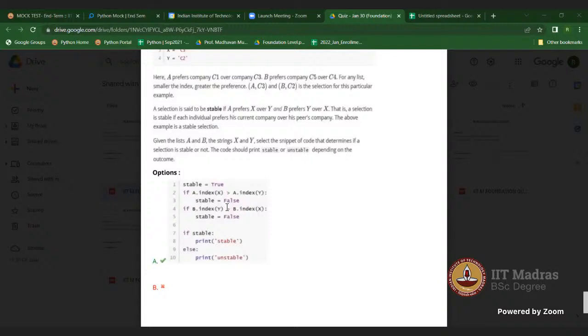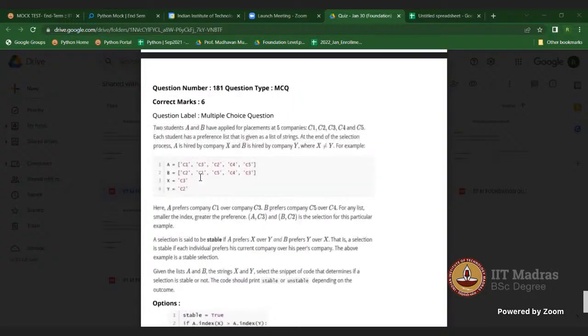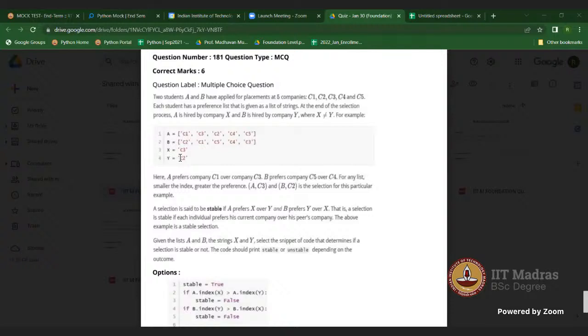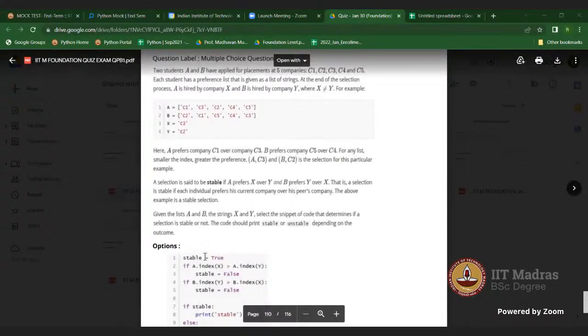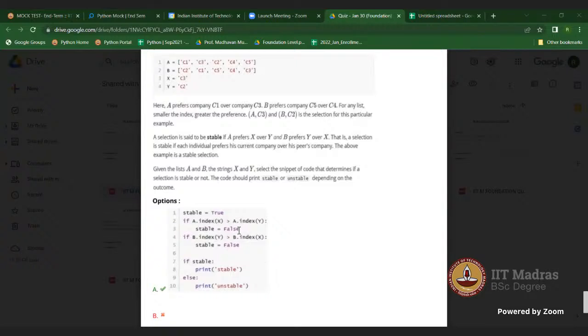Now you'll be able to do it, right? Do you want me to explain it? Okay, so we have stable equals true. If A dot index of X, which basically means we are getting the index of the company which A got, and A dot index of Y gives the index of company Y in the preferred list of A. If A dot index of X is greater than A dot index of Y, which basically means X is not the most preferred, then stable equals false.